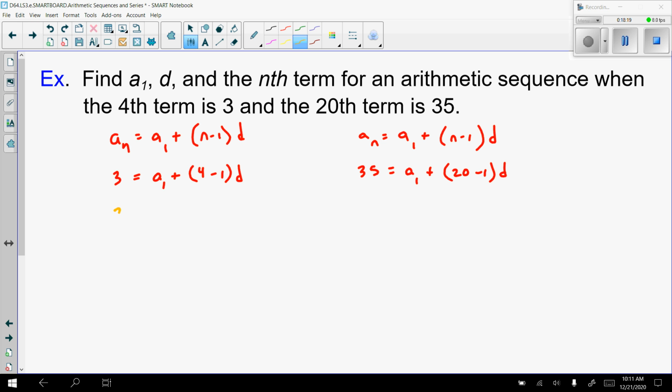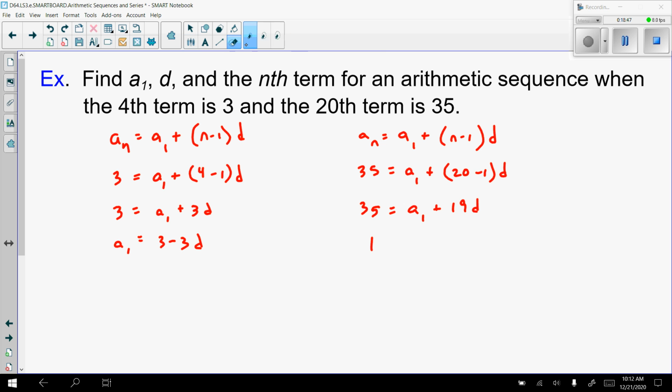So that means I'll start over here. 3 equals a sub 1 plus 3d. And that means a sub 1 equals 3 minus 3d. Let's go over to the other equation. And I will have 35 equals a sub 1 plus 19d.